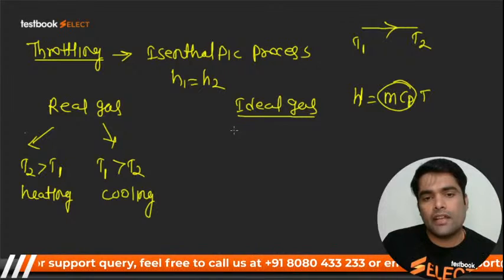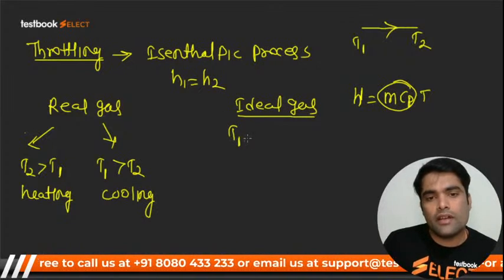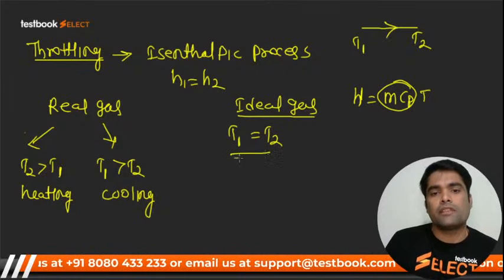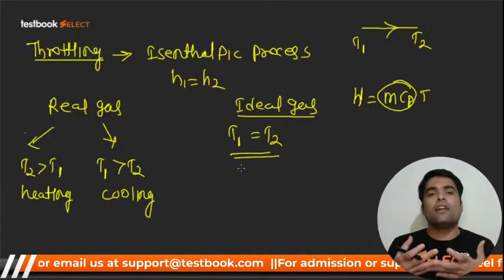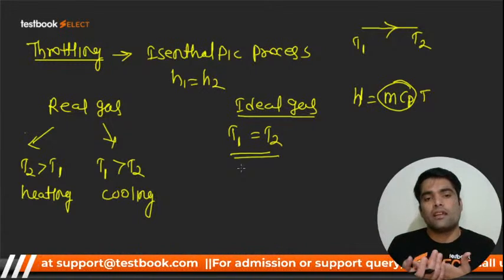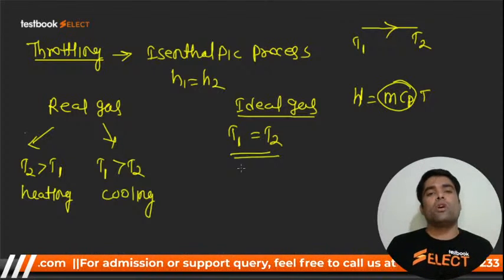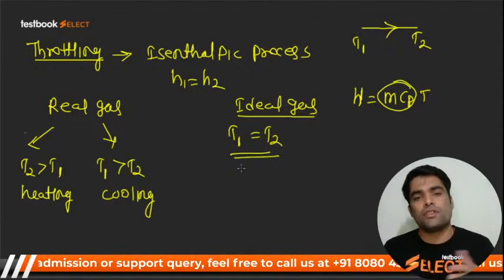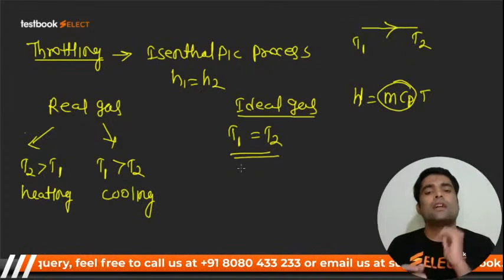So if I write T1 is equal to T2, that means temperature remains constant. So always keep in mind, we cannot say 100 percent that if there is a drop in pressure in throttling, there is definitely a decrease in temperature; the temperature may decrease, increase, or remain constant. That I have explained.